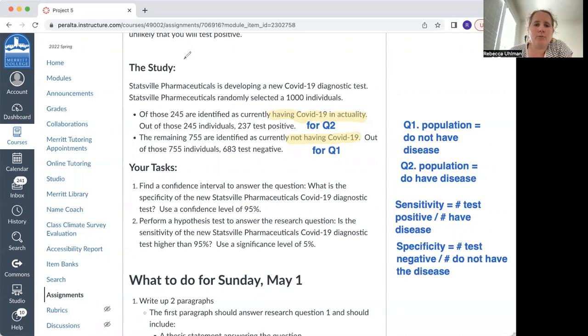As we go through this project, the second bullet point is giving us all of the information for question 1. The first bullet point gives us all of the information for our sample for question 2. For question 1, we're trying to find a confidence interval for the specificity.